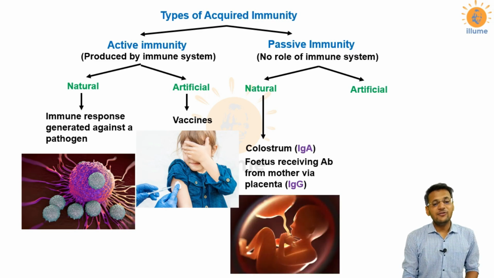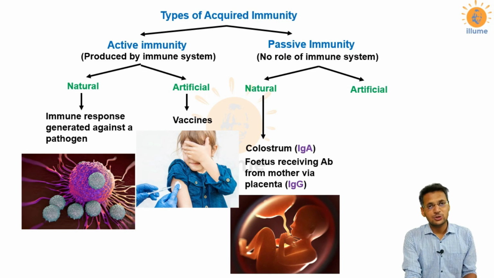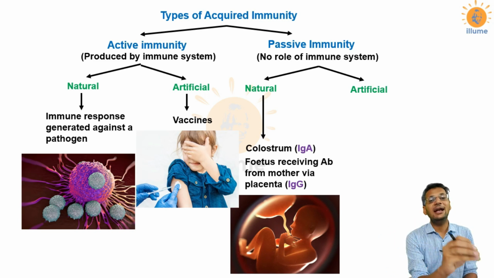Now if I talk about artificial immunity, I'll take a case. Let's say there is a patient of tetanus that has been admitted to hospital. Now to treat that patient, what we do in the medical field, we administer the patient with preformed antibodies against that antigen of tetanus. So what are we doing? We are administering already formed antibodies.